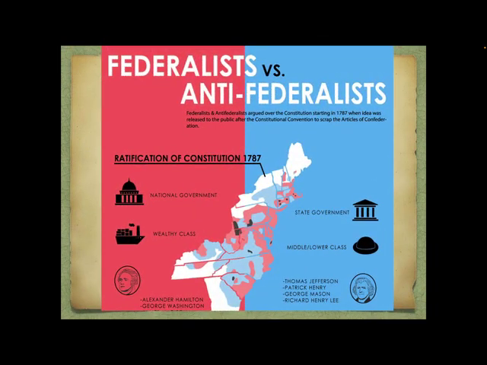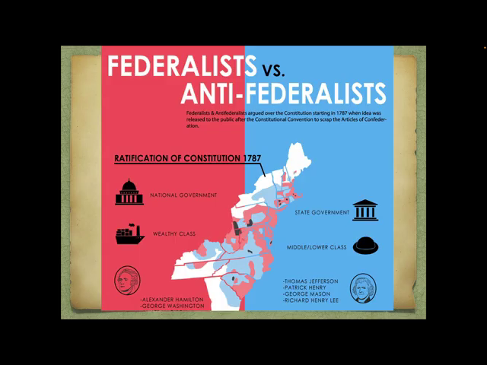Well, ladies and gentlemen, as I'm trying to bring some closure here, this proposed document is just that, a proposal. The Constitution says before this can become the new framework of our government, it has to get 9 states to ratify it. 9 of the 13 states have to give it a thumbs up.